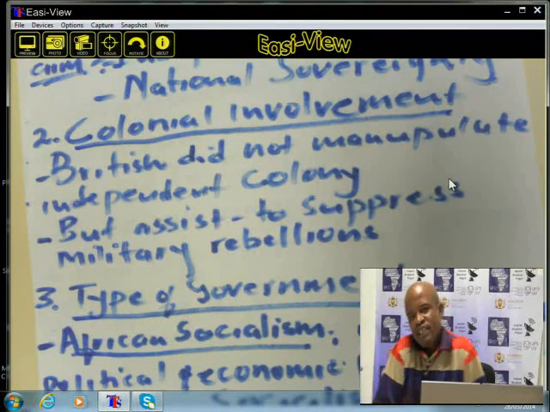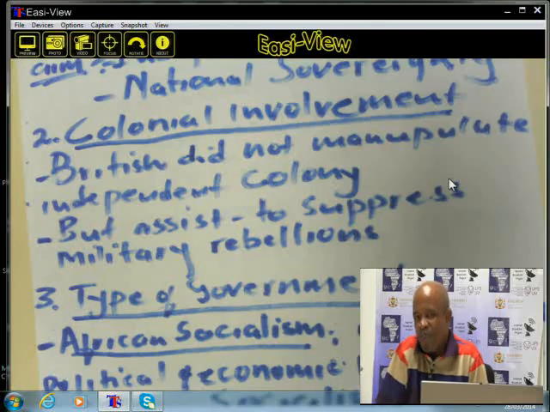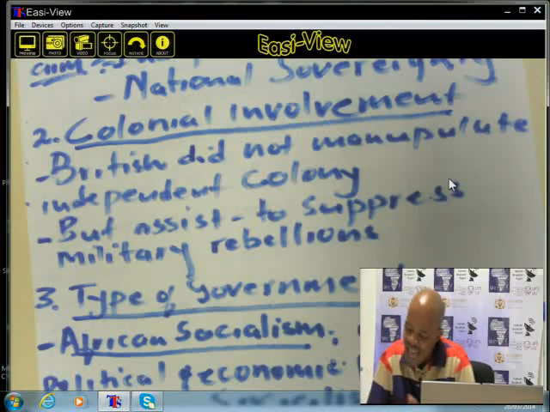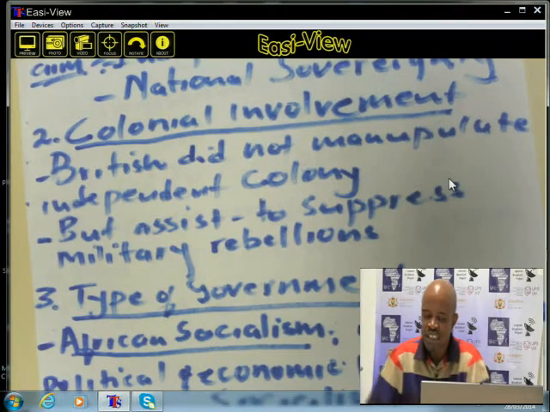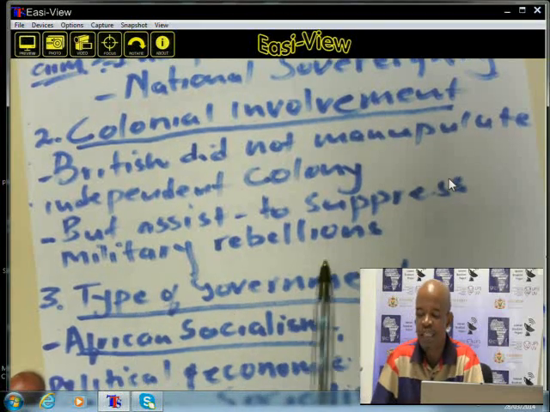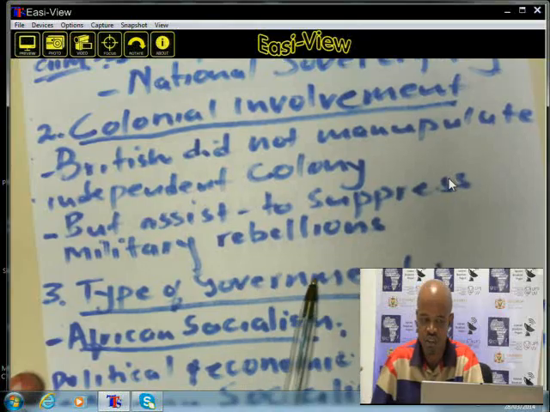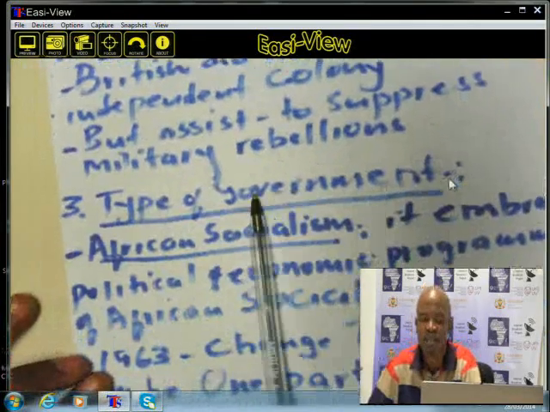But the involvement of Britain in Tanzania was to ensure that they assist Tanzania to suppress military rebellions. There should be no military rebellion. There should be peace in that particular country.